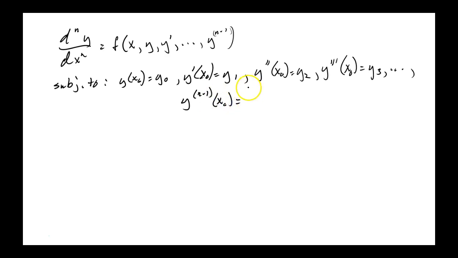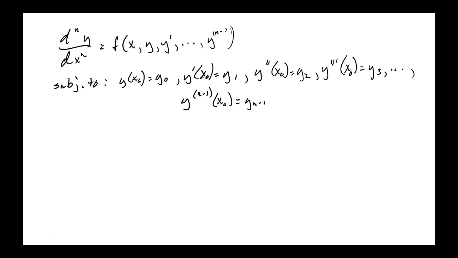Again, notice your primes here: y prime, y1; y double prime, y2; y triple prime, y3. So this will be y sub n minus 1. Now, those are the conditions.